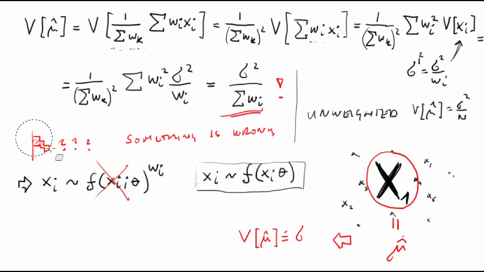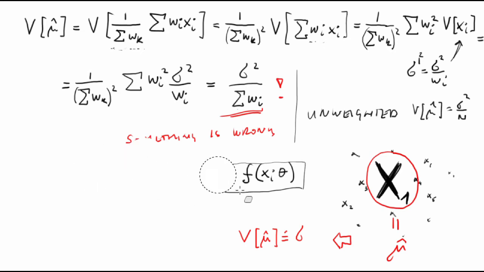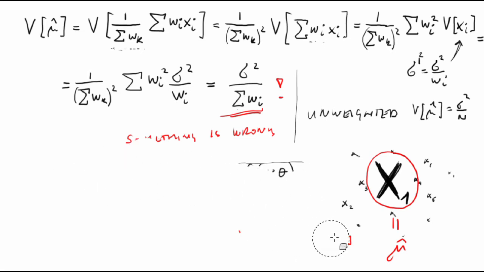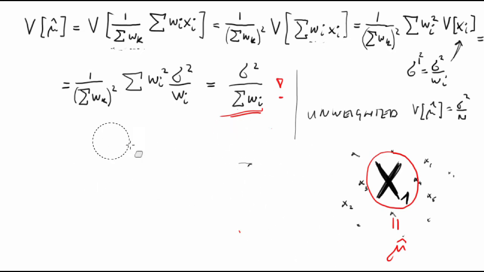To remedy this, we compute the variance with the use of the original probability density function, without raising it to the power of wi. Using our previous example with the Gaussian probability distribution function, we get the following result. The beginning of the calculation is exactly the same as before, only this time the variance of each xi will just be sigma squared.